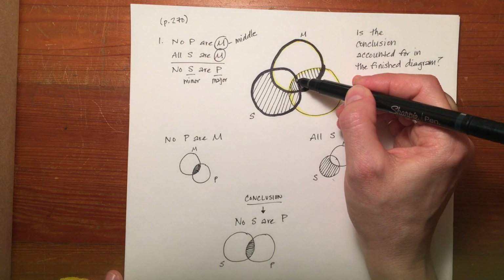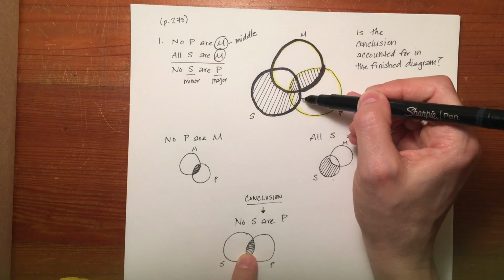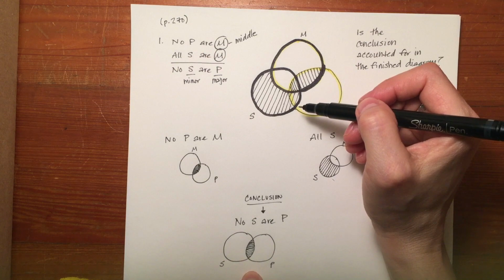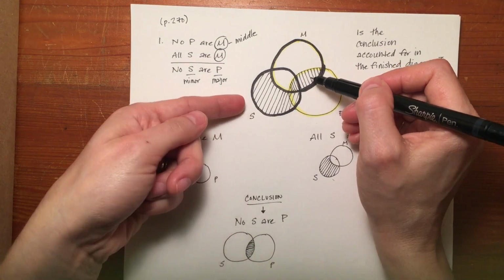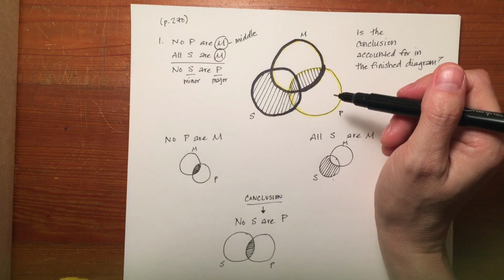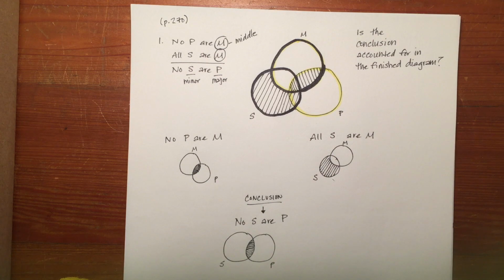So is this in this diagram? Well, it surely is. Look, this entire area that the conclusion represents has been shaded when you put the two premises together in the diagram. Therefore, I suspect that this argument is valid.